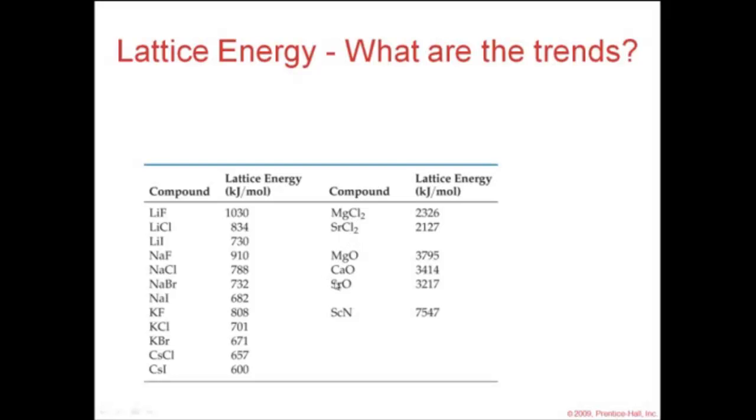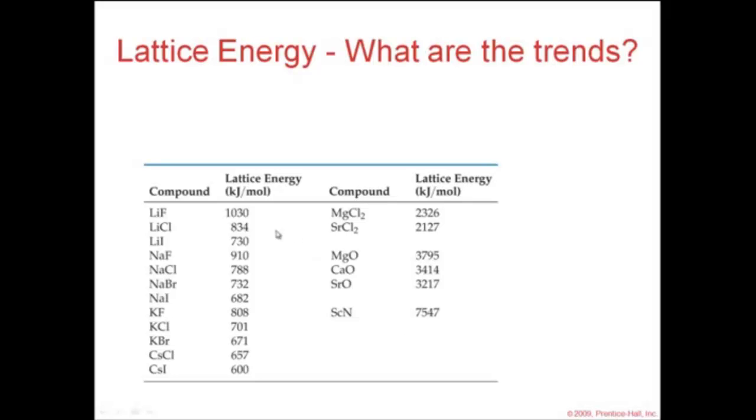Here it's a +2 with a -2. And here we have a +3 with a -3. And what we see is as we go from a +1, -1 and increase the charge, the lattice energy goes up. So the stronger the charge of the ions, the closer held those ions are to each other. Okay, so here where we have +3, -3, have the greatest energy of all.